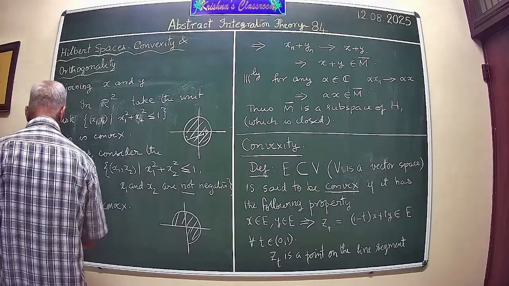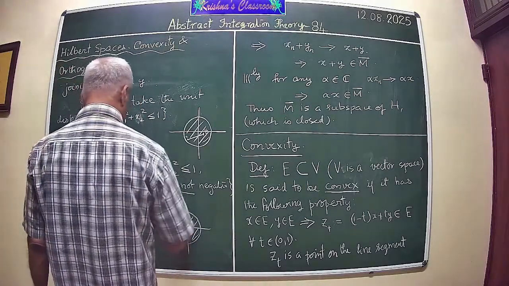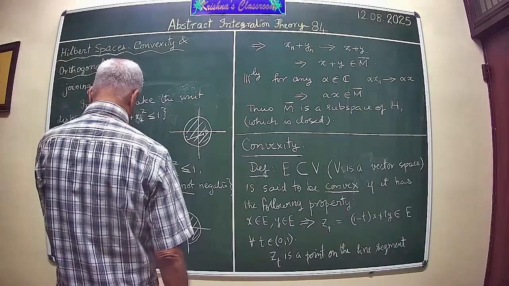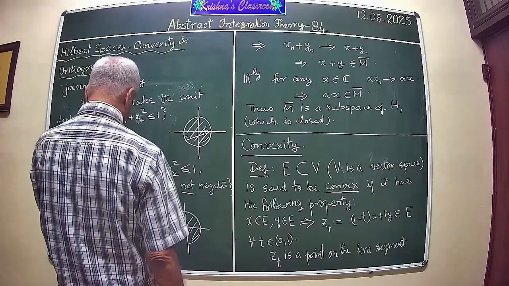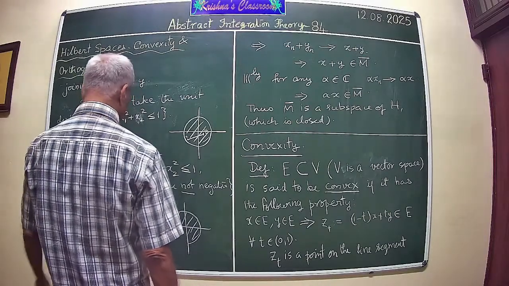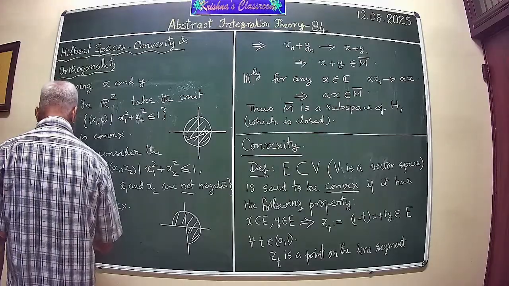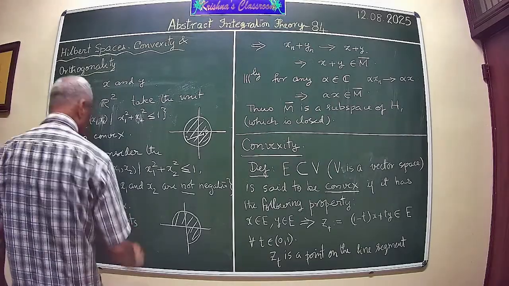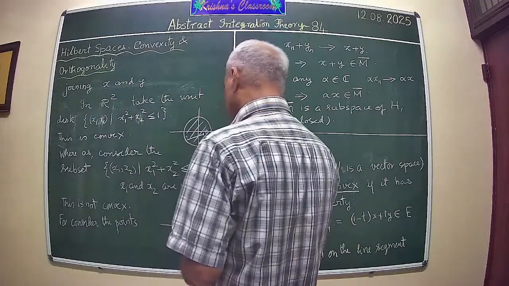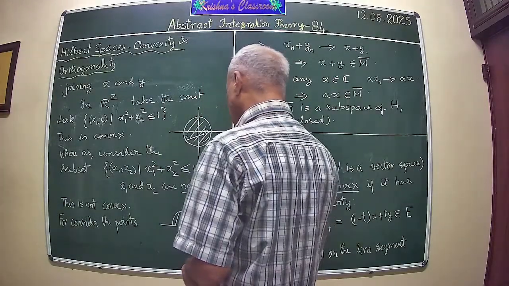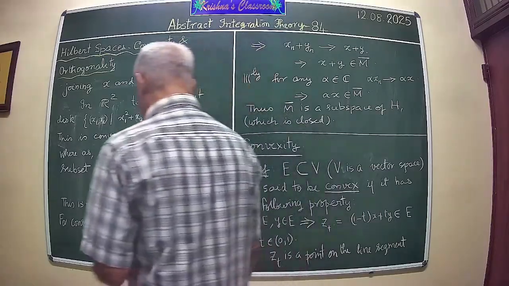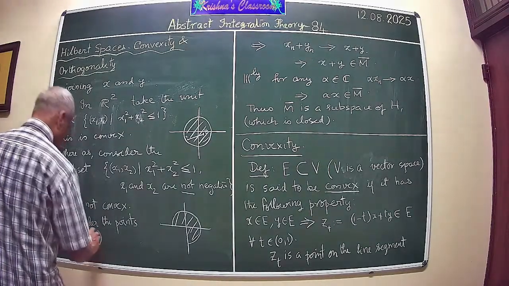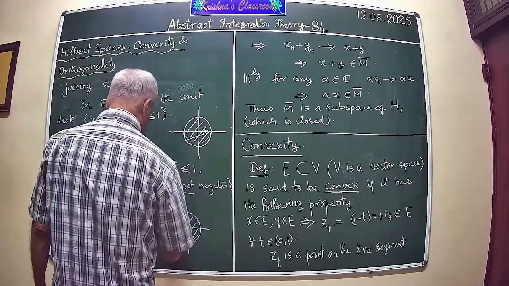for, consider the points minus half, 0 and 0, minus 1 by 2.